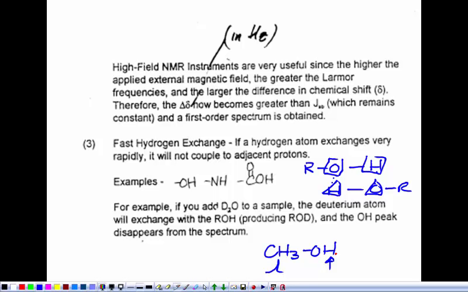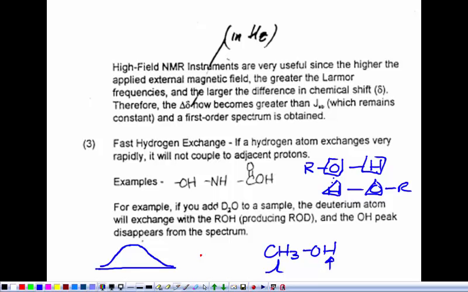But if you do see an OH peak, you can confirm whether or not it's OH by adding D2O. So D2O is water that's been substituted with deuterium, the isotope of hydrogen with a mass of 2. It turns out that every isotope of an element has a different Larmor frequency.